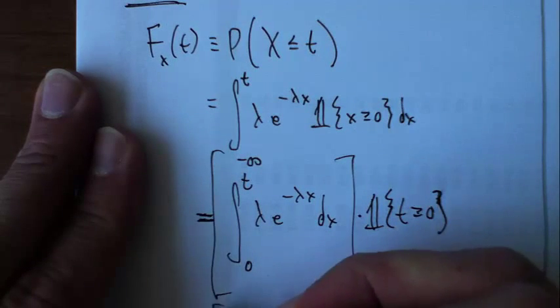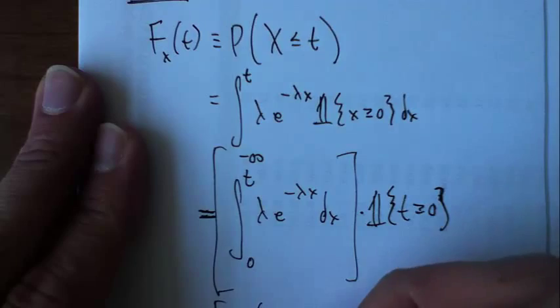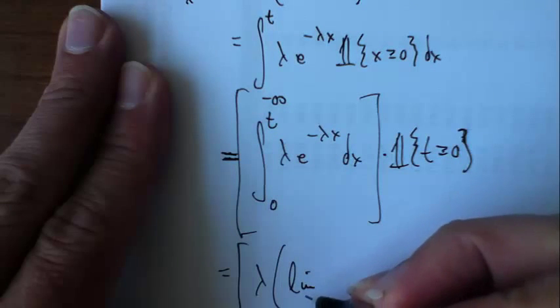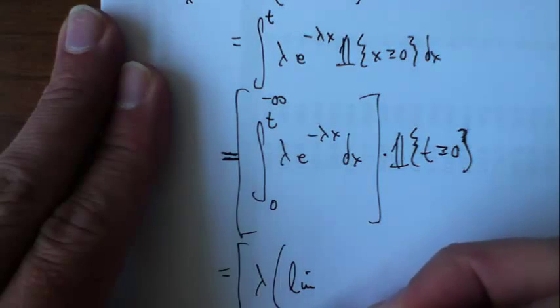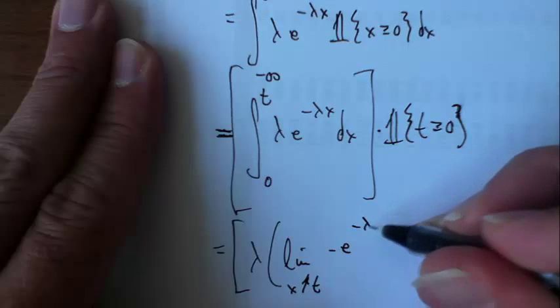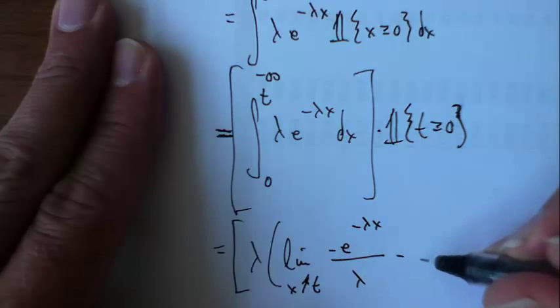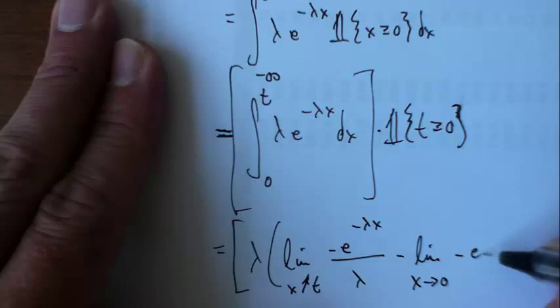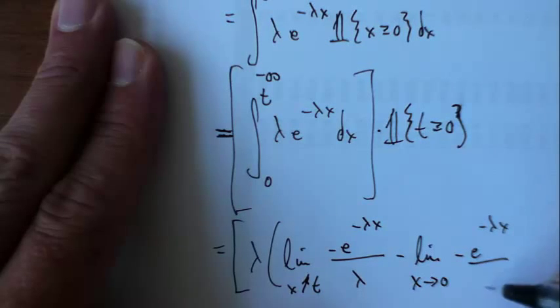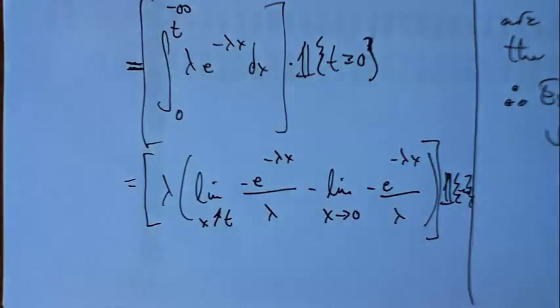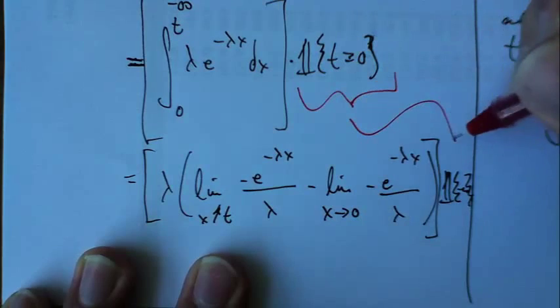Well, lambda can come out of the integral sign there, and I'll just be left with the limit as x goes up to t of negative e to the negative lambda x over lambda, minus the limit as x goes to 0 of negative e to the negative lambda x over lambda, and then times that indicator function stuff, which I'm out of room to write here.